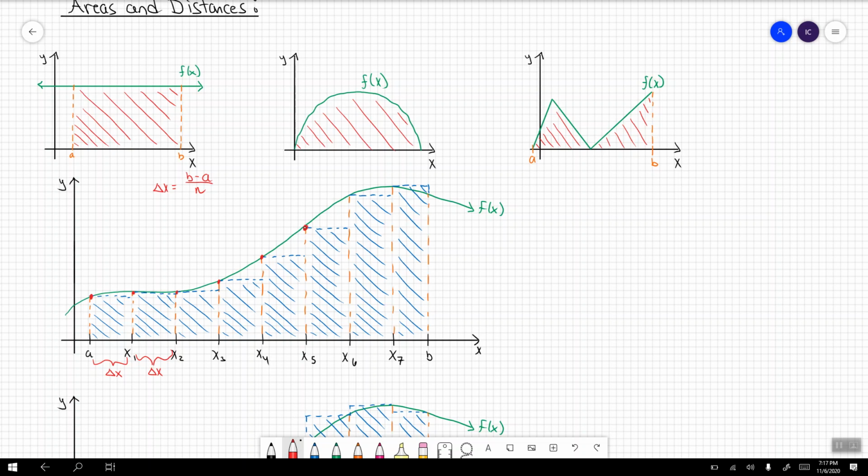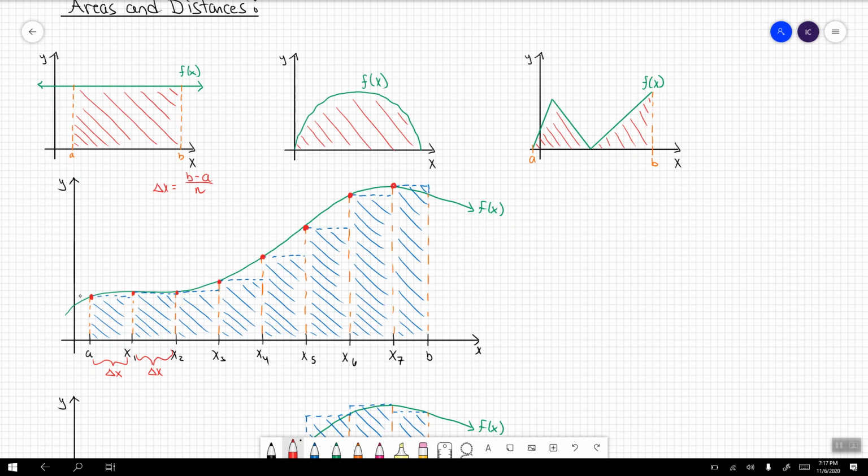You can see here that I'm highlighting this point on the leftmost endpoint for each subinterval. And you're going to notice that the height of each rectangle corresponds with the leftmost endpoint on that interval.